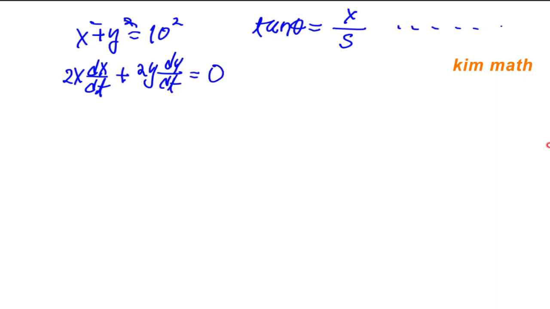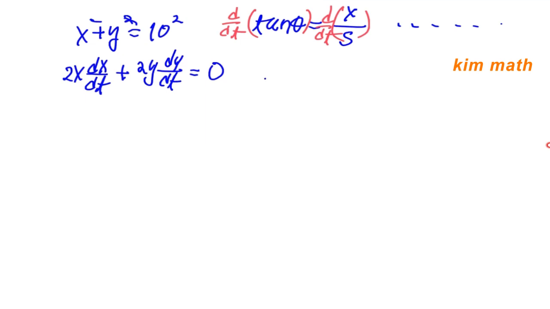In the tangent case, we have three variables, right? Again, I can find the derivative with respect to time. Remember that the derivative of tangent will be secant squared theta times d theta/dt. Okay?